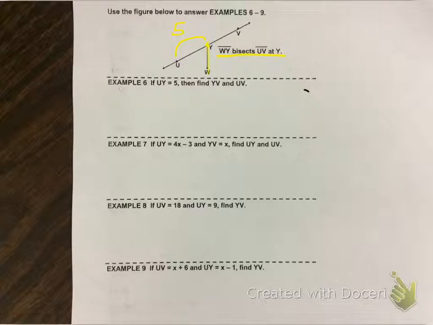What's the length of YV? 5. So what is line segment UV's length? 10. That was simple. There's no reason anyone should have had that problem blank. It's very simple and straightforward what was asked and expected from that problem.